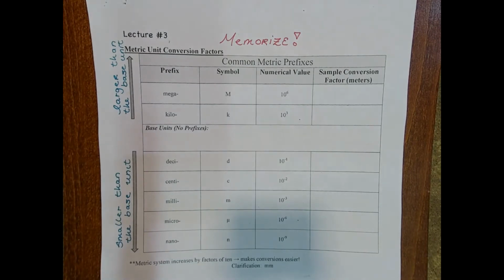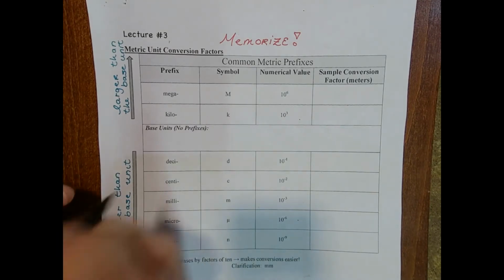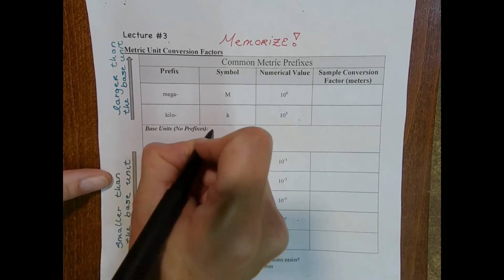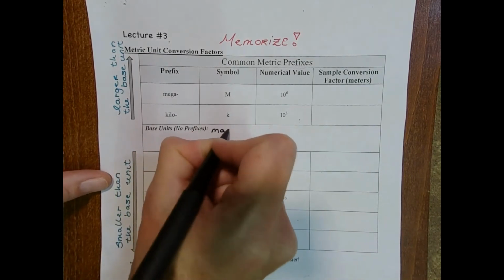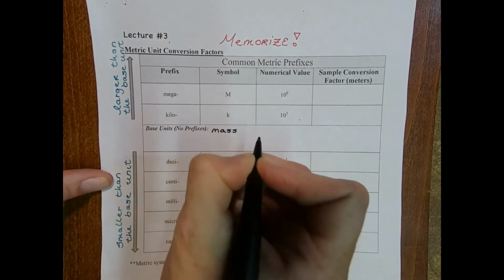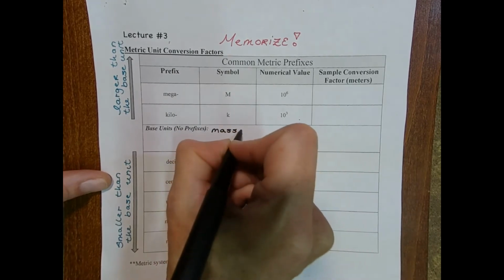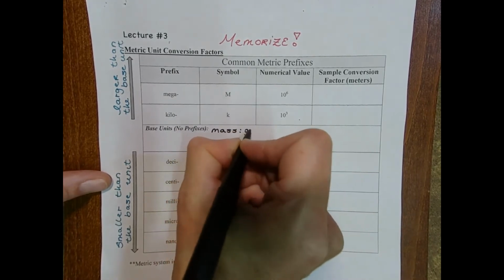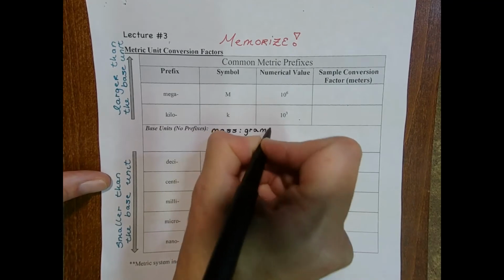So how this works, the metric system goes by factors of 10. And we have what's known as our base units. So for base units, say you're trying to measure mass. In the metric system, you're going to use grams to measure mass.